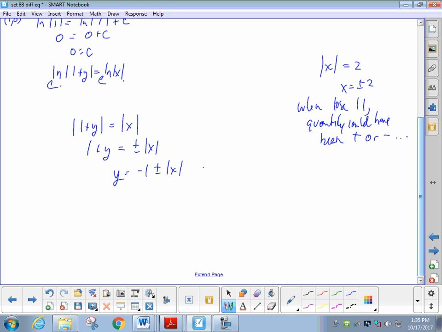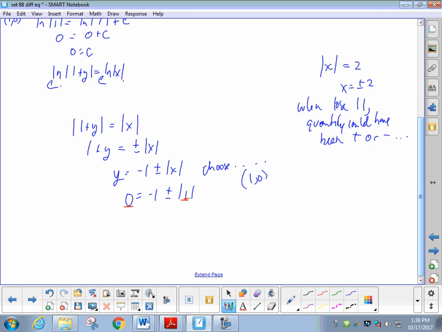Am I done? No, that's not a function. Now you must choose. To force the point (1, 0), it would only be true if I put in an x of 1 and a y of 0.